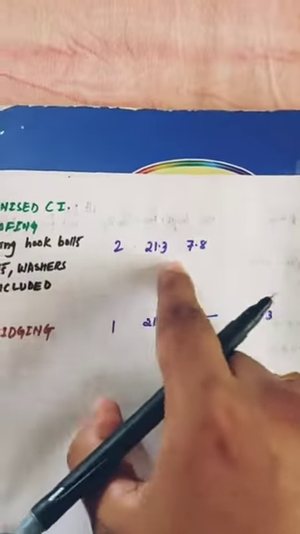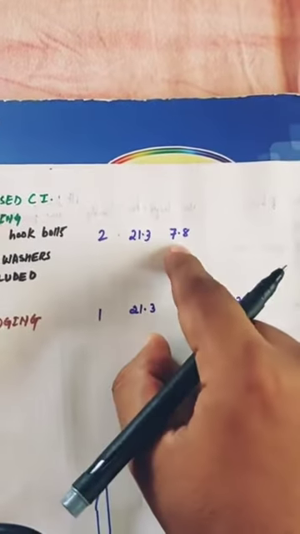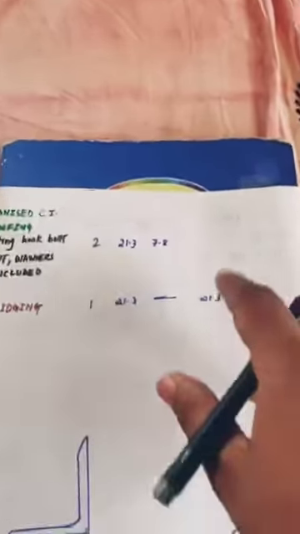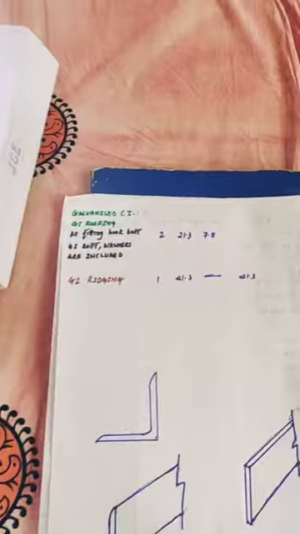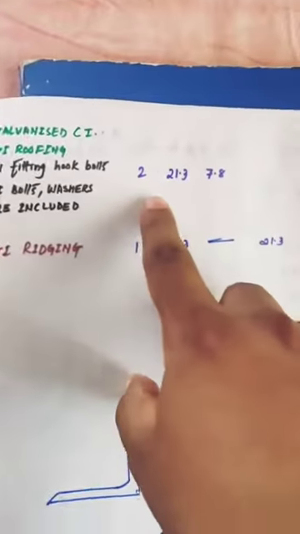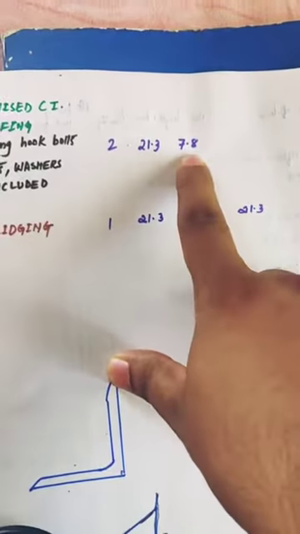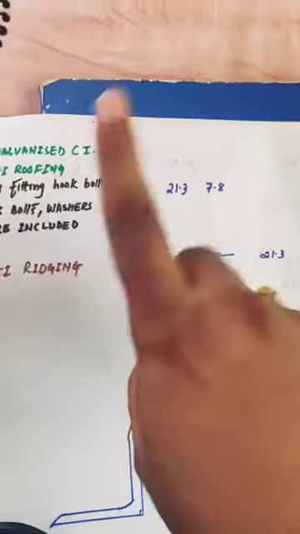So two numbers. Length is 21.3, width is 7.8. So you get the total square meter of GI sheet required. So 2 into 21.3 is the length, 7.8 meter is the width. So you get the total surface area of the GI sheet roofing.